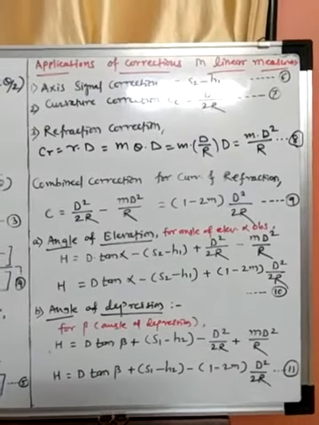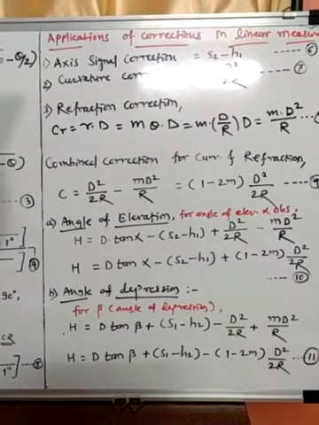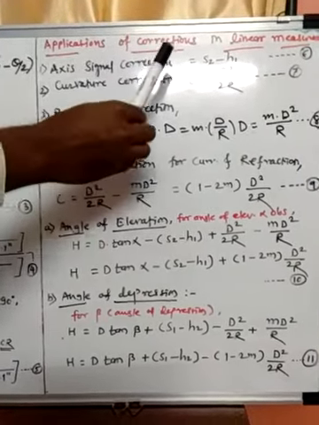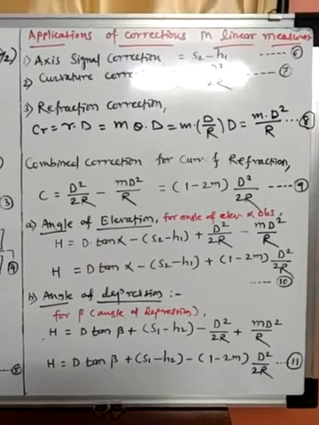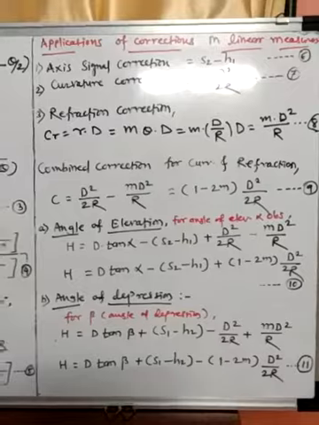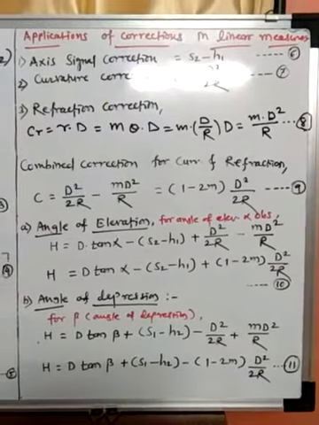As you have seen in the previous lectures of our series, the axis signal correction must be S2 minus H1, where S2 is the signal height at that particular station and H1 is the instrument height, which is equation number 6.